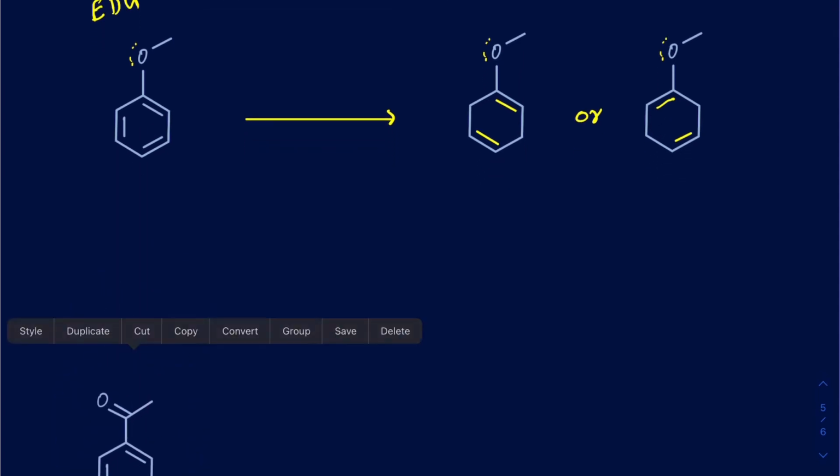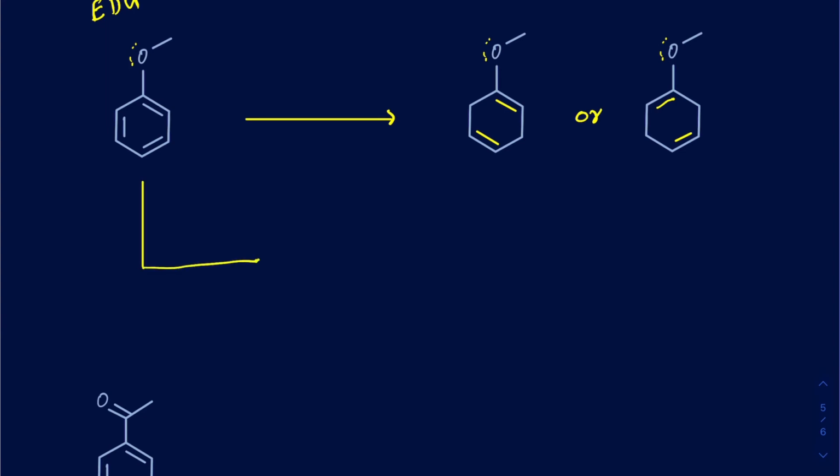So think of this, when I'm trying to add an electron here, the solvated electron that you get, where would I want to add the electron? I don't want to add the electron on some of these positions. Like if I add the electron right here, what's going to happen? I'm going to have an electron right next to an oxygen atom that already has electrons. So another way of saying, I'm putting an electron on the carbon that has an electron donating group attached to it. So it's actually going to destabilize it.